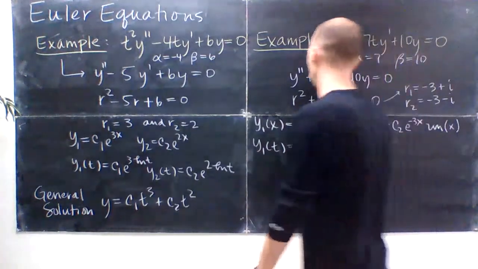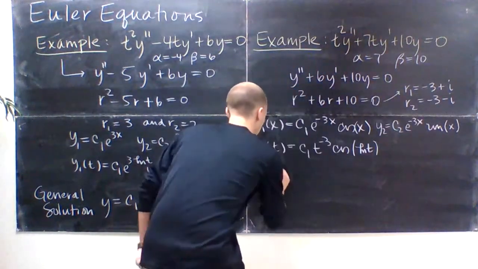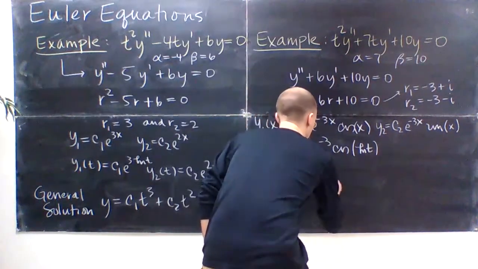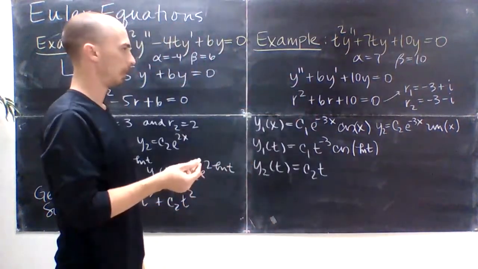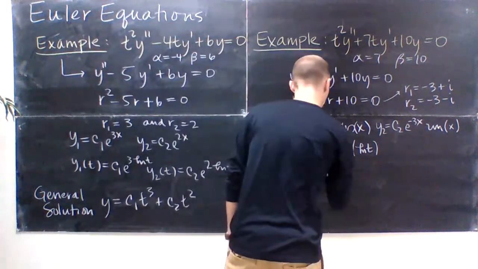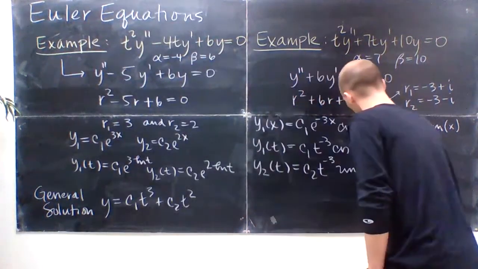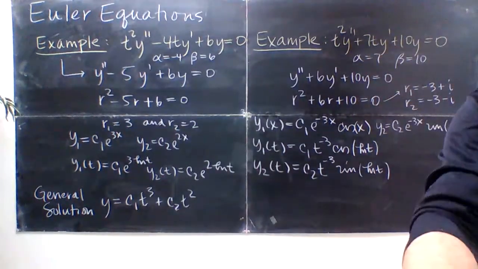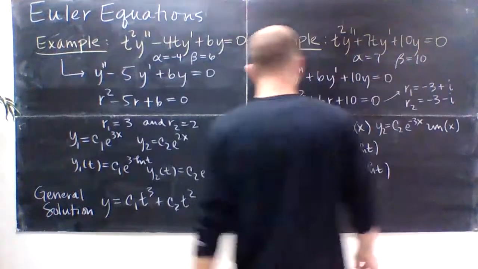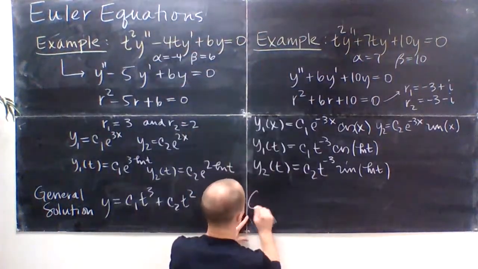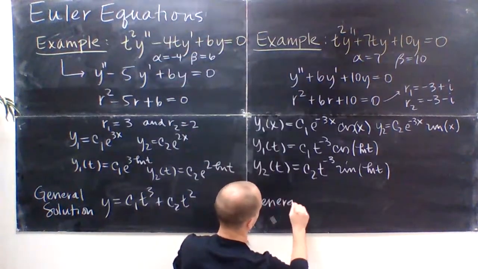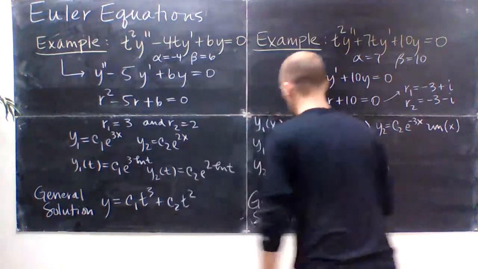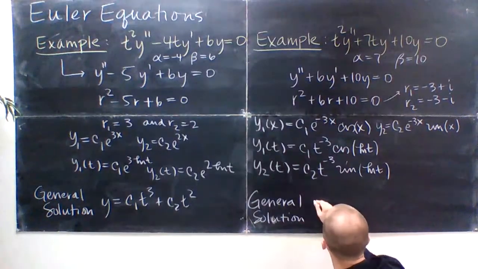And then y2 is going to be c2 t to the negative 3 times sine of log t. And so my general solution is y equals this plus that, add the two of them together.